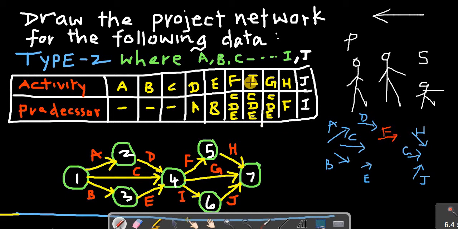So F was somewhere here. And I has the predecessor as C, D, E. So I also should be here. Last one, G also has predecessors, so I can take G here.